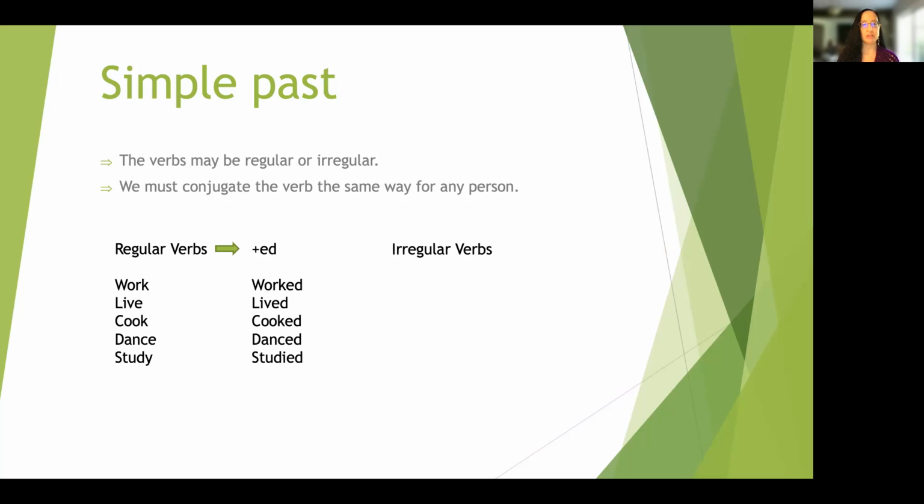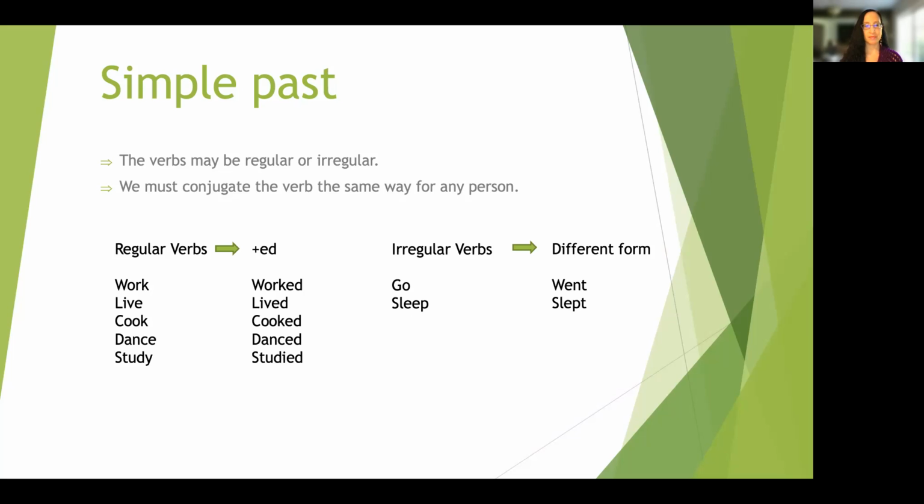Now your irregular verbs. You have your direct form. So that means that you have to kind of memorize these, okay? Because they're not the regular verbs. They don't end in ed. So the simple past for the irregular verb go is went. What about sleep?